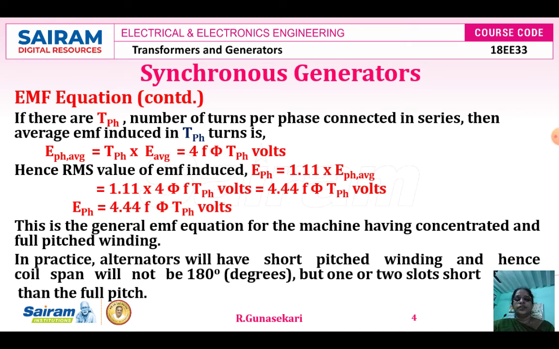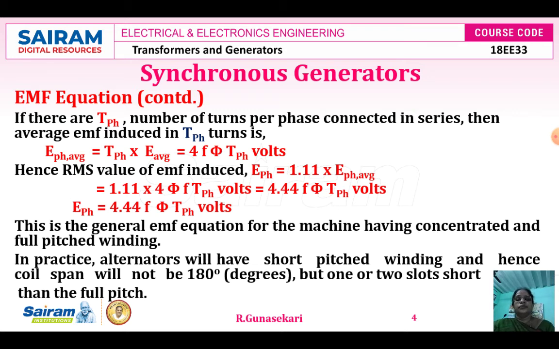RMS value divided by average value. From this, the RMS value is equal to form factor into average value. So 1.11 into average EMF. So 1.11 into 4φf T phase equals 4.44 fφ T phase volts. This formula is similar to the transformer equation.